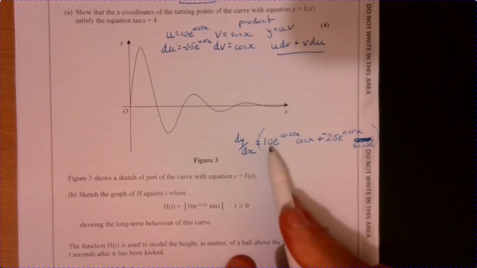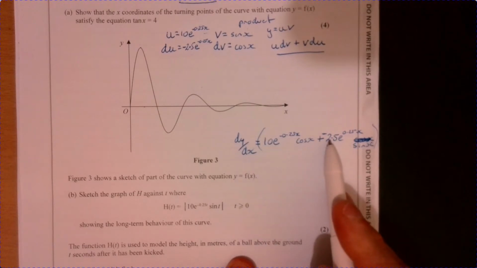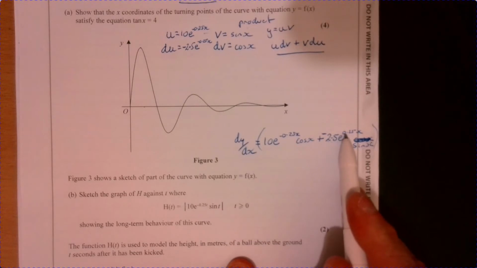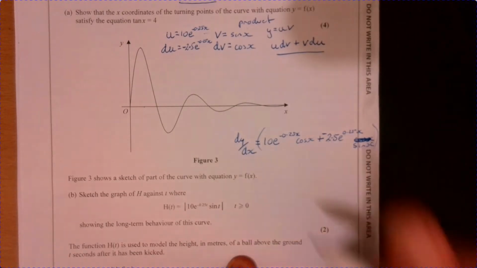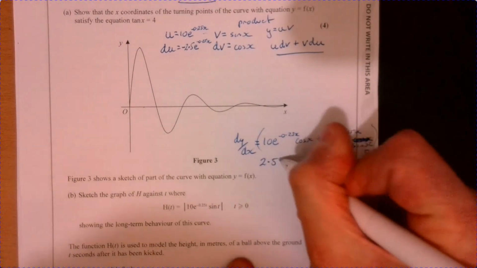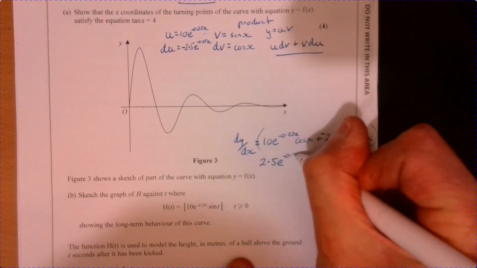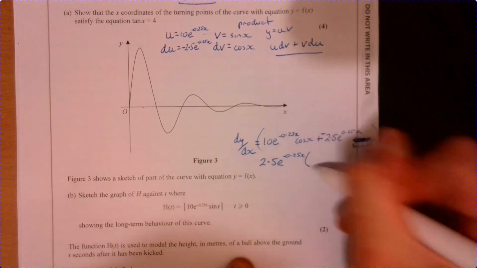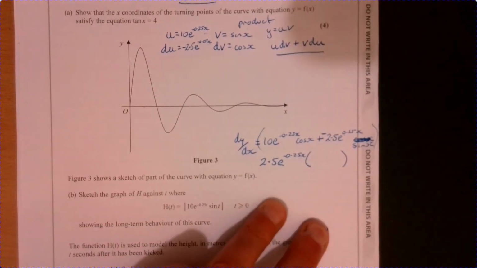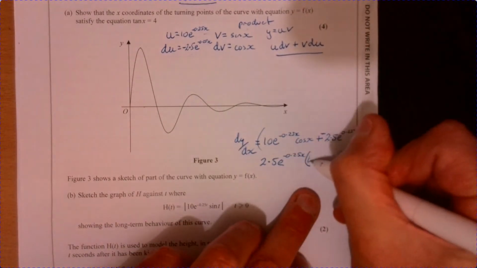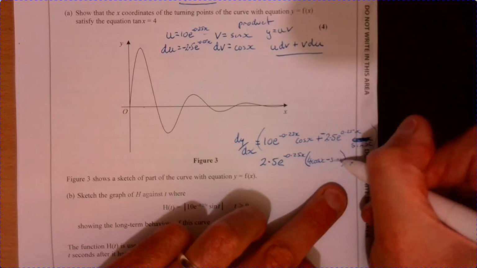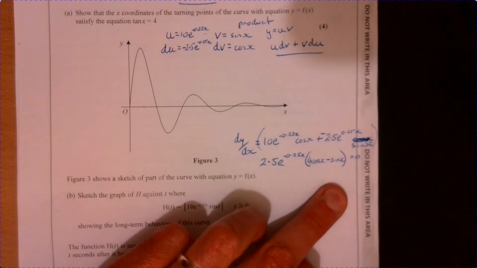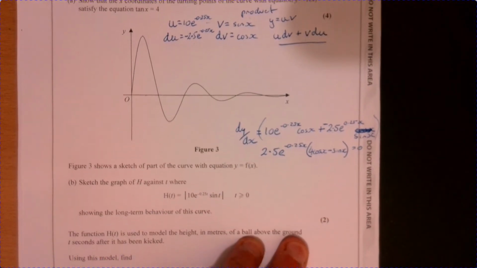Well, the easiest thing to do is let's factorize. If we were to take out a factor of 2.5e to the minus 0.25x, I think that's probably the simplest way of doing this. What's going to be left inside? I can have 4 cos x minus sine x, and I'm interested in when that's going to be equal to 0.